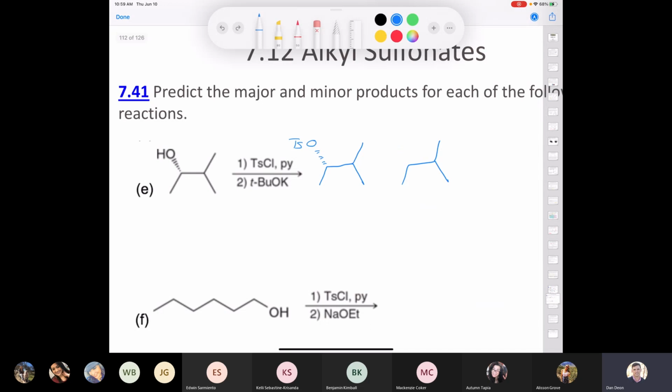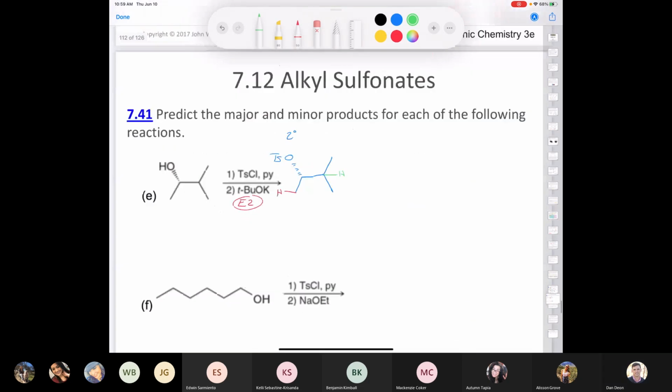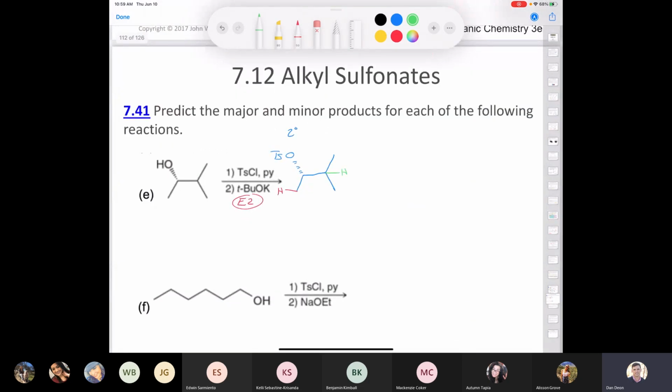So now I have a secondary leaving group. I'm treating it with a strong base that is a poor nucleophile. A horrible nucleophile, but a great base. So the only thing that's going to happen is elimination, E2. So I'm going to get an E2 reaction. I've got these beta protons, and I've got these beta protons. If I rip off the one in red, I'm going to end up with this product.